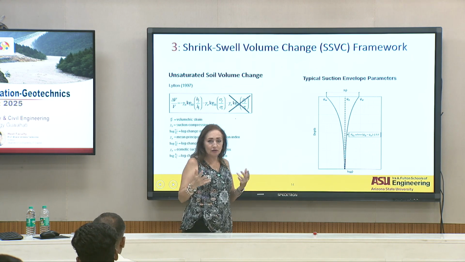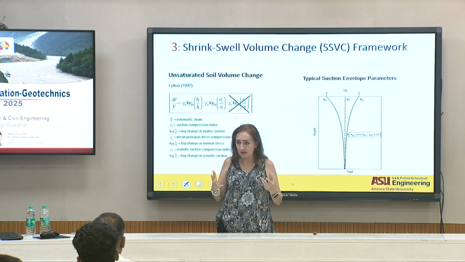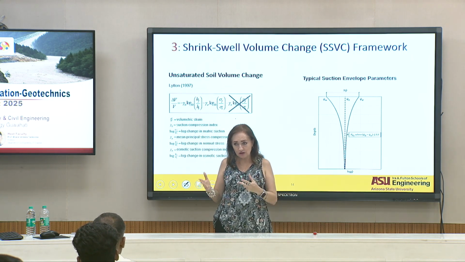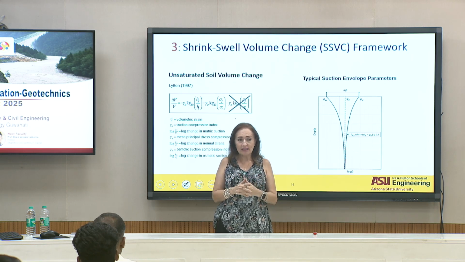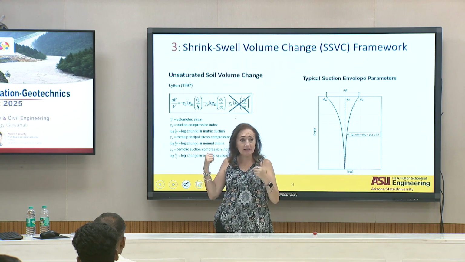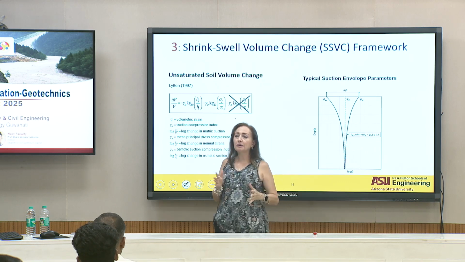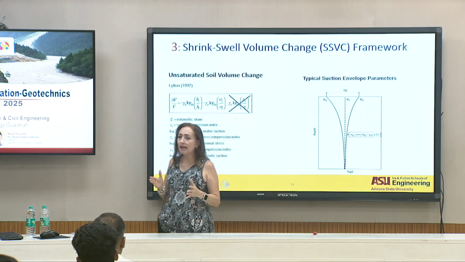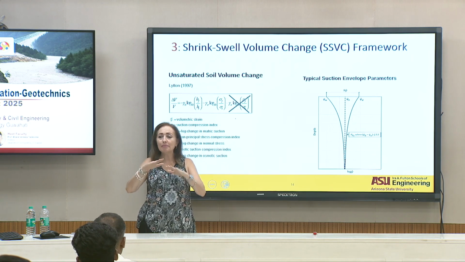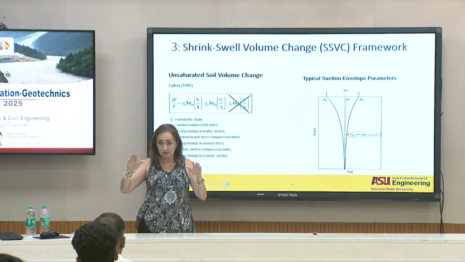So the answer is, it doesn't matter if you got pavement conditions or not, right? Now, that's a very good question, because the little model that we're going to see in here, that is the basis for this part of the suction envelopes, was created for areas that were unpaved, right?